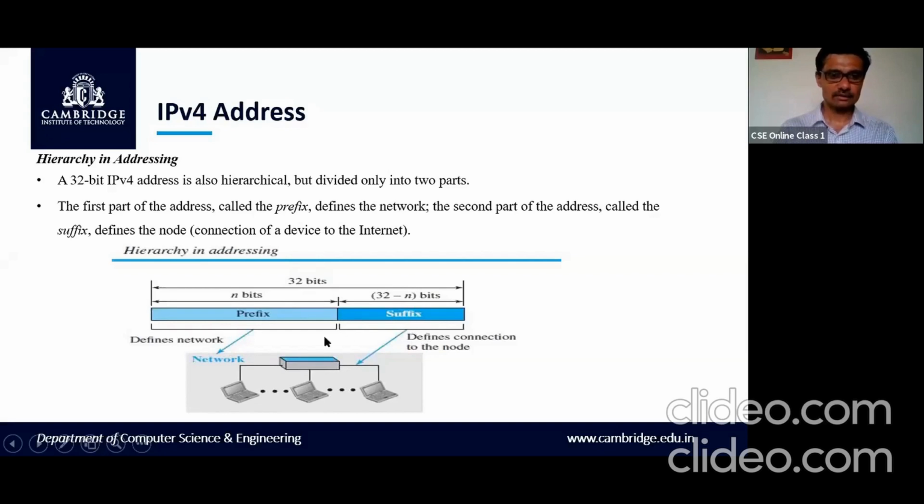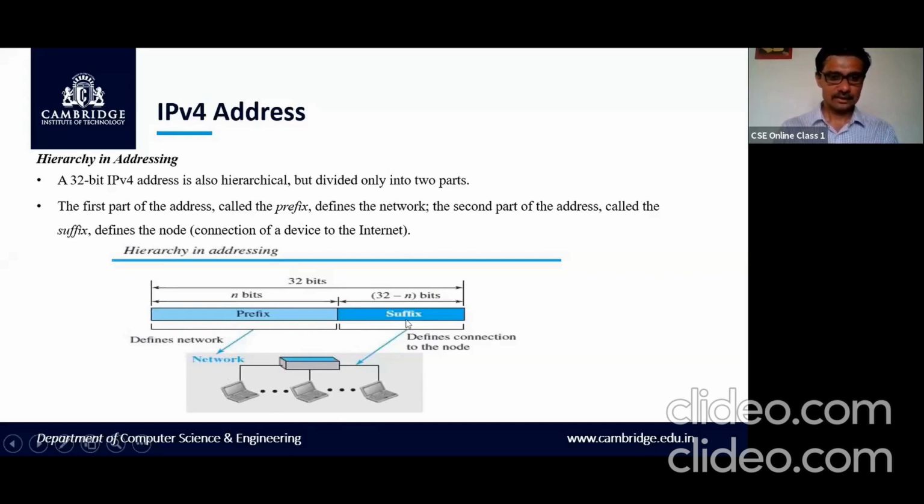What is the meaning of this? The prefix is the network address, that is, the address of the router. You can see this is a router or a switch which is connected to the network. The remaining all are hosts.